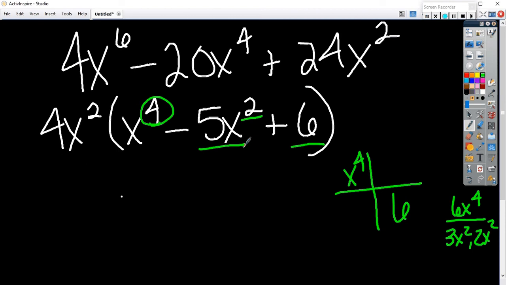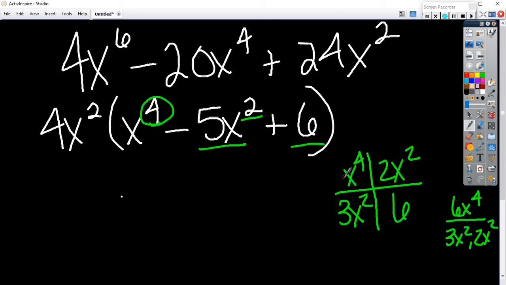If we multiply them, we get 6x to the fourth because we have to add the exponents. Same concept exactly, except before, this was a 2 and this was a 1 because it was a quadratic. Now it's a quadratic form, but it's not exactly a quadratic.